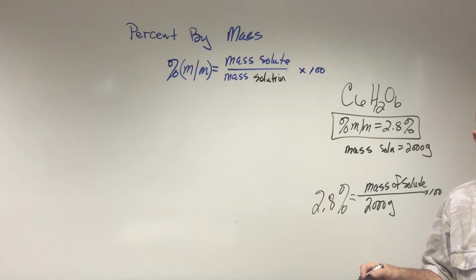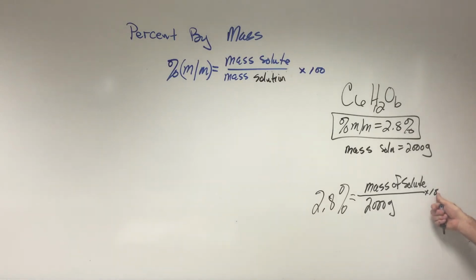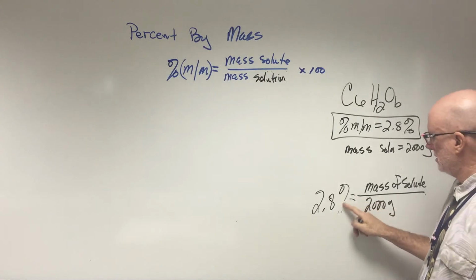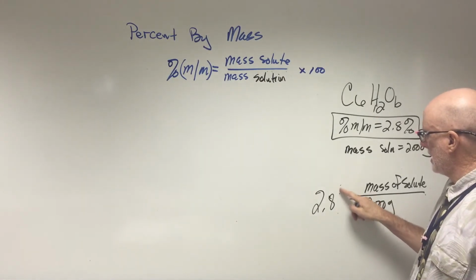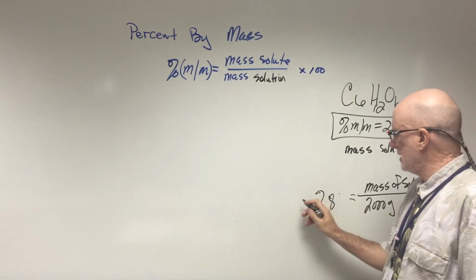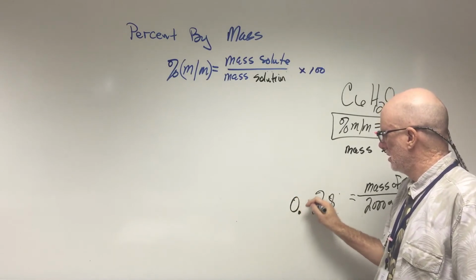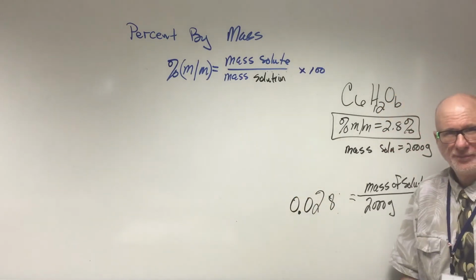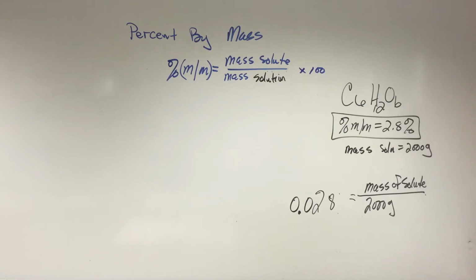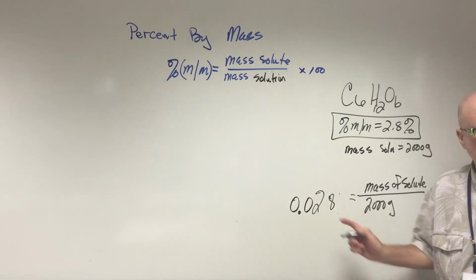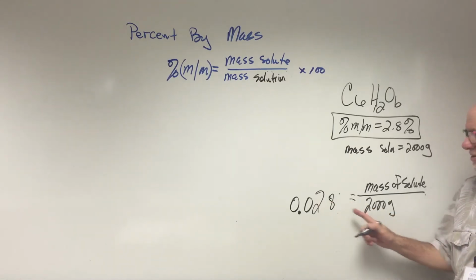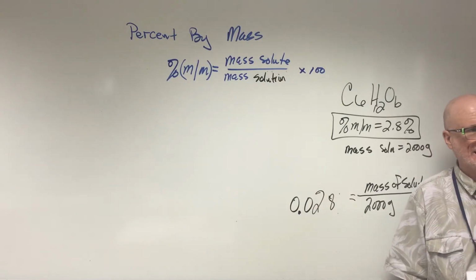Can I just get rid of this and say 2,000 times 0.028 equals this? Can I do that? Yes. Then I simply cross multiply. So what is 2,000 times 0.028?